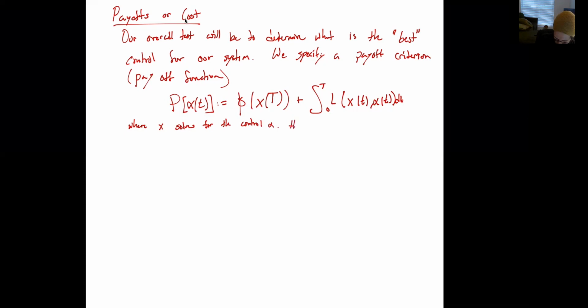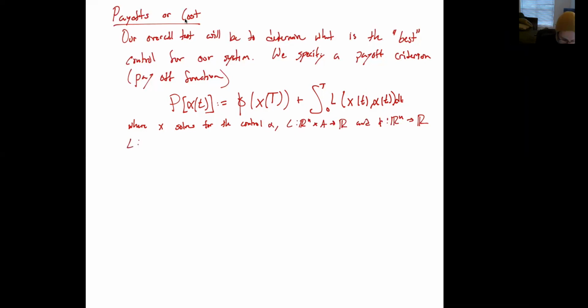Okay, and L is a function from R^n cross A to the reals, and phi is a map from R^n to R.